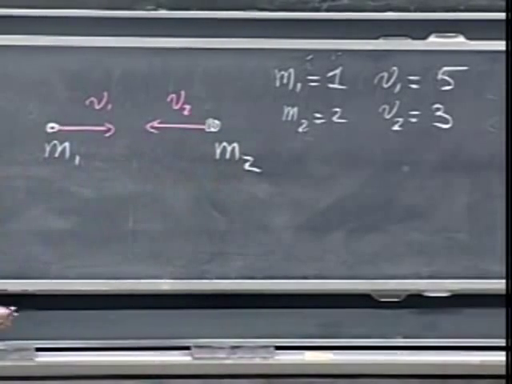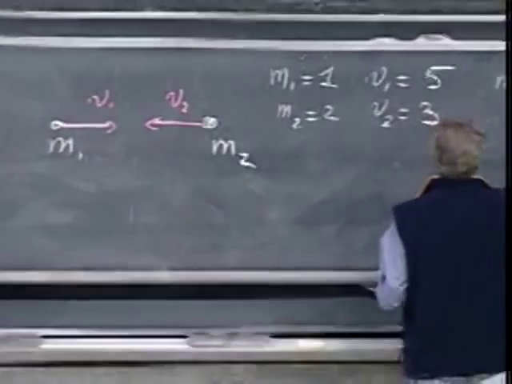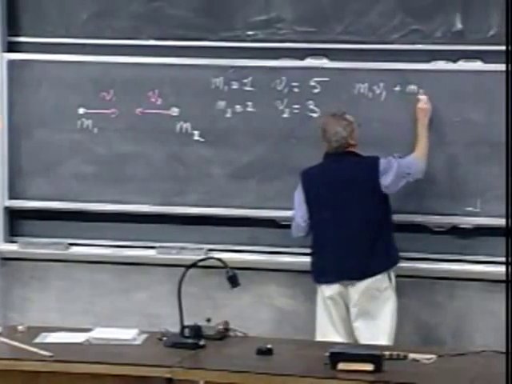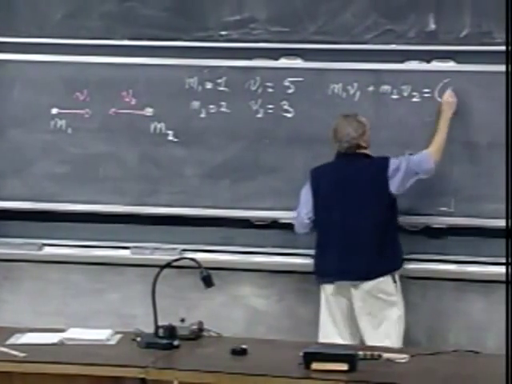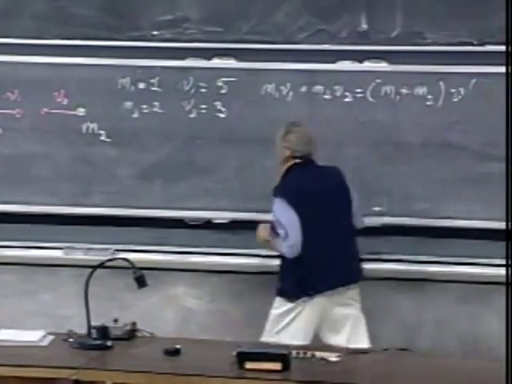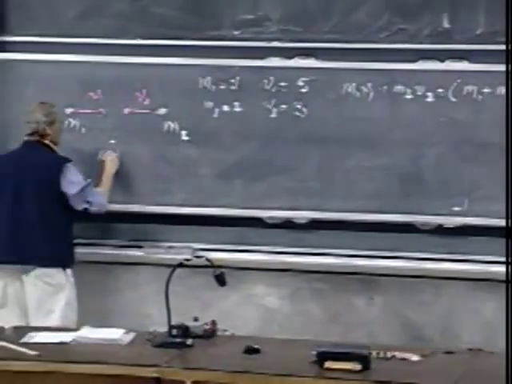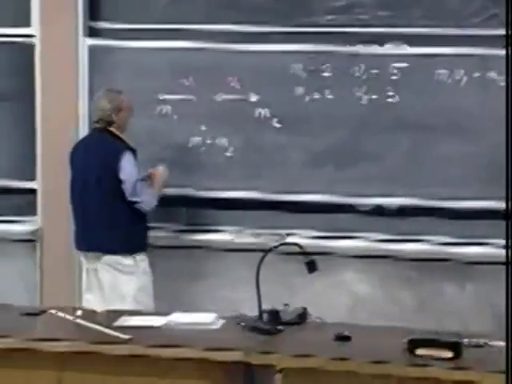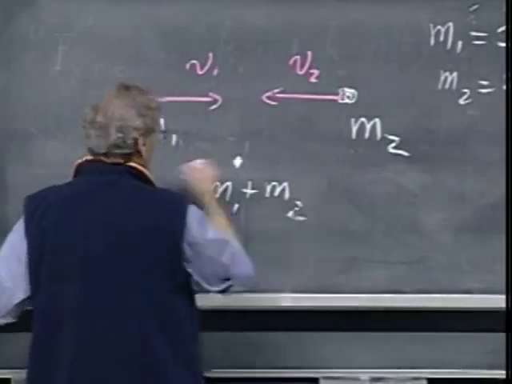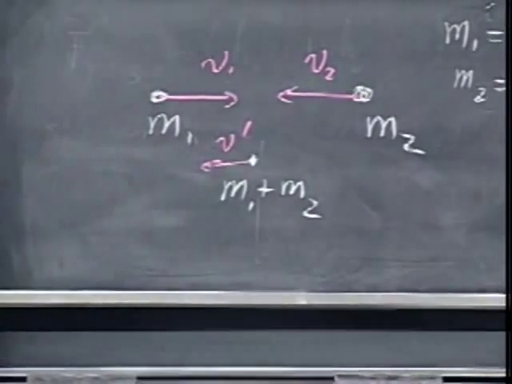Momentum is conserved, so I can write down that M1 times V1 plus M2 times V2 must be M1 plus M2. It is a completely inelastic collision times V prime. They come together, they stick together, the total mass is going to be M1 plus M2, and they're going to fly either in this direction or in this direction, but whatever it is, I call it V prime. It's after the collision.